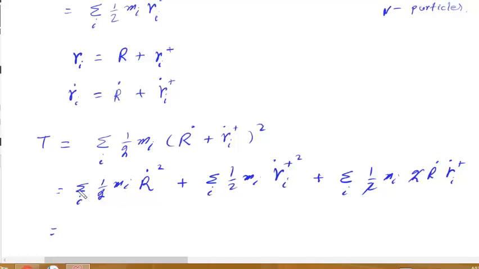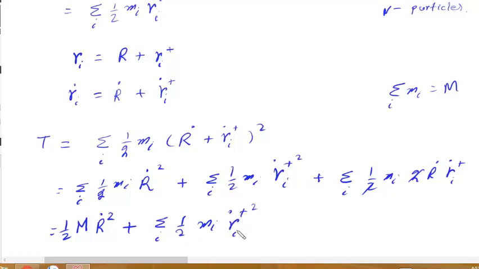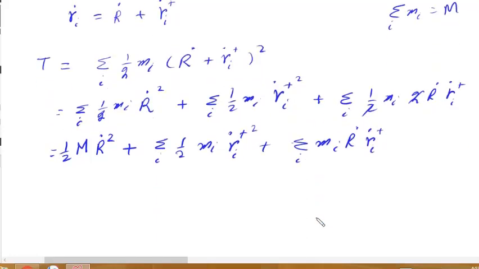The summation is applied only on m_i, and the summation of m_i is the total mass of the system, capital M. So we have one half M R dot squared, plus the summation of one half m_i r dot prime i squared, plus the summation of m_i R dot times r dot prime i.